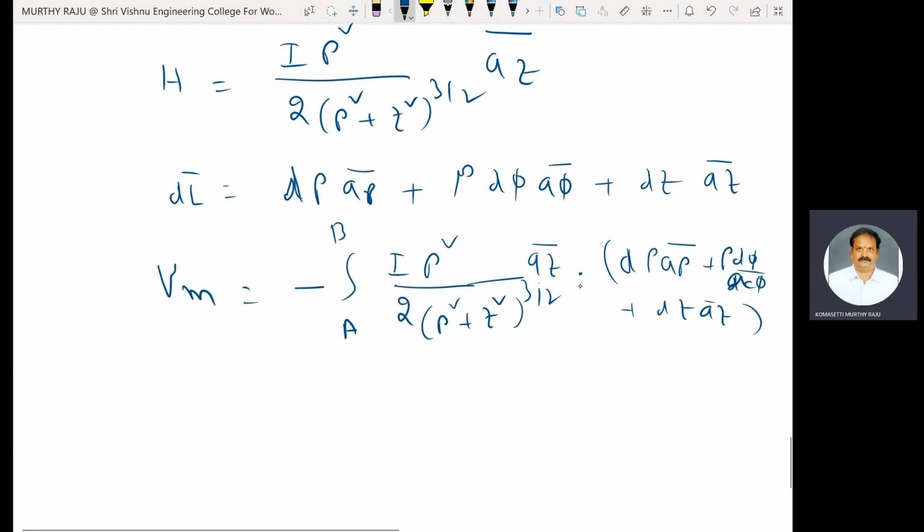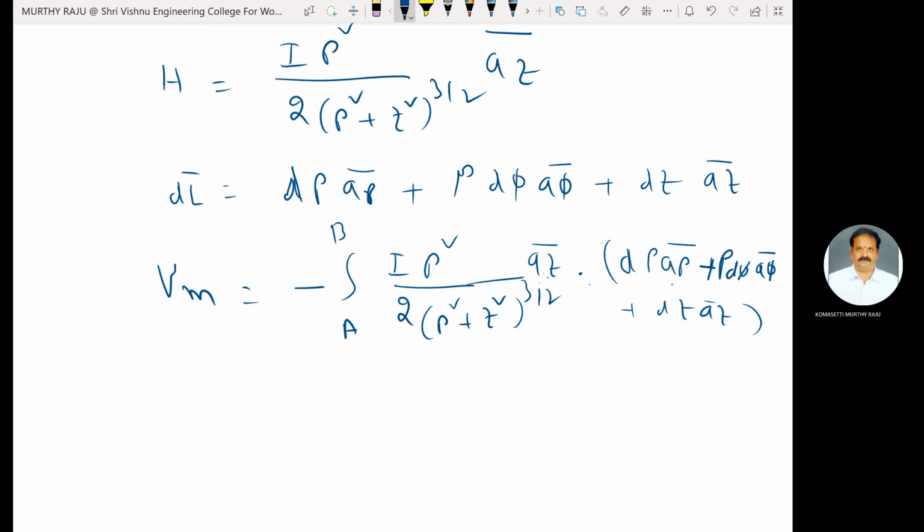Here az bar dot a rho bar is 0. Az dot a phi is also 0.